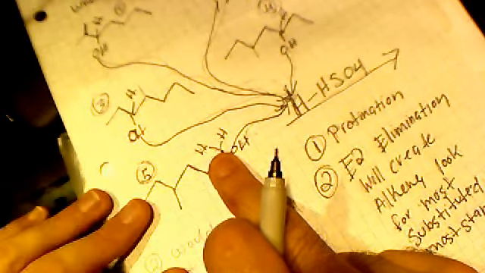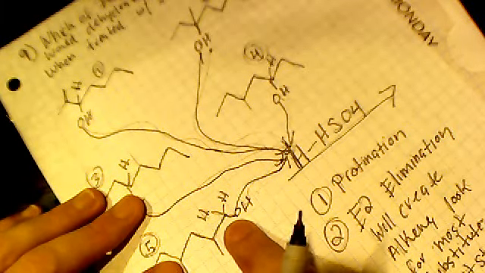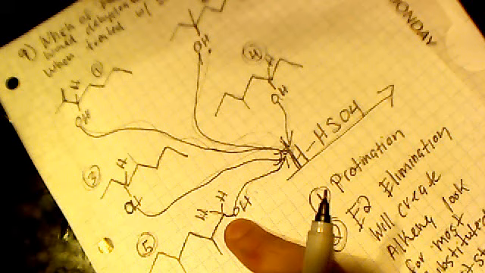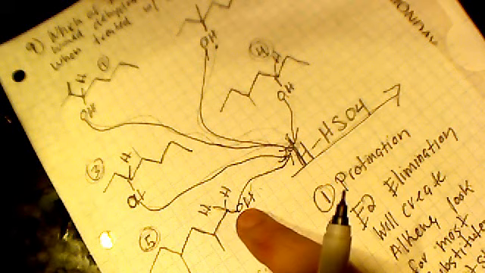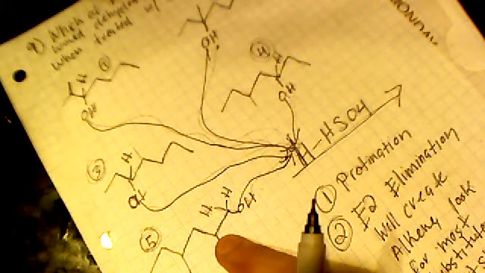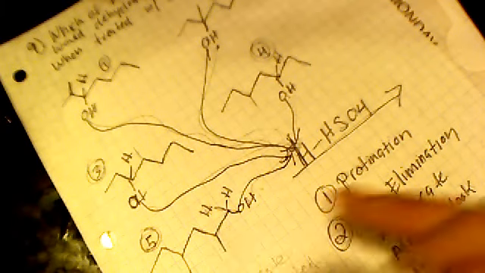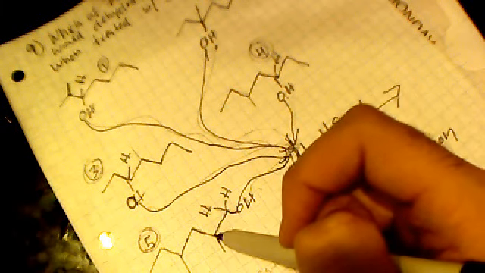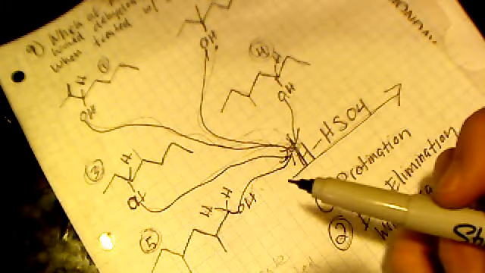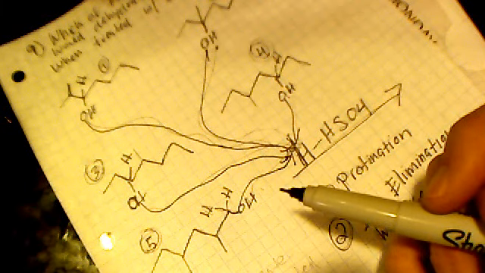The only one that's really different from the others is the one with 2 H's, so that's going to create a di-substituted, or maybe it would create a mono-substituted alkene, because the H would have to come from here. It would create a mono-substituted one. Anyway, the one that's going to create the most substituted alkene is this one.